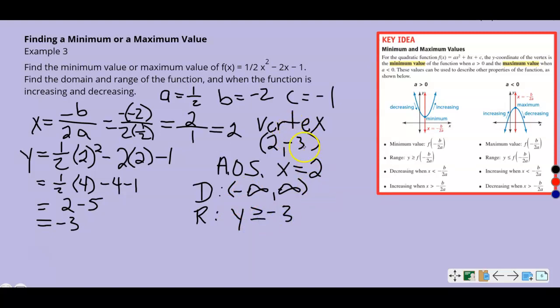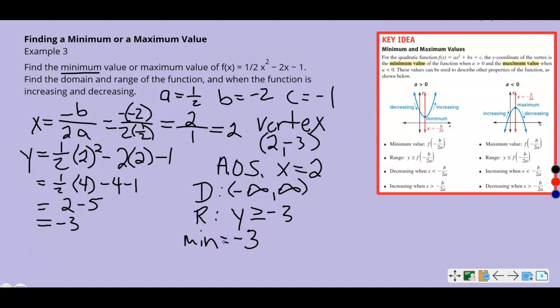And we can determine that from the vertex. We also can determine whether it has a minimum or a maximum. We already said that it has a minimum because a is positive. So it has a minimum value at -3. And again, that helped us determine what our range was as well.